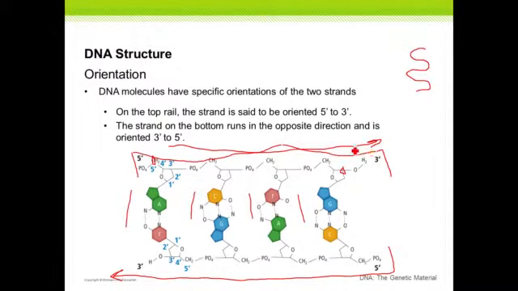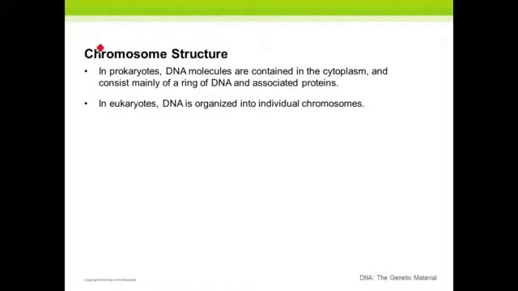And you might be wondering, okay, why does that matter? Who cares why these DNA strands run in opposite directions? Well, it ends up mattering quite a bit later on when we begin to use DNA replication and we begin to actually turn DNA into proteins. So for right now, guys, just know that DNA runs in the 5' to 3' direction, and the opposite strand always runs in the opposite direction.